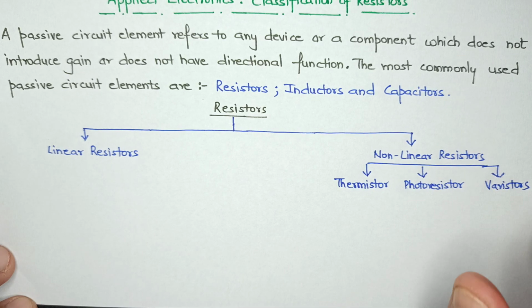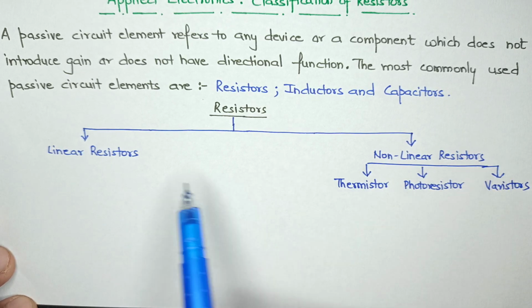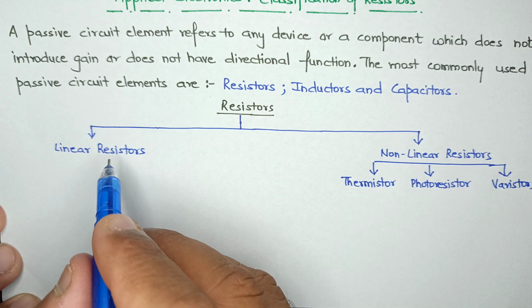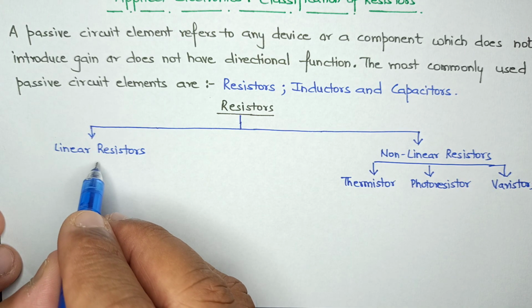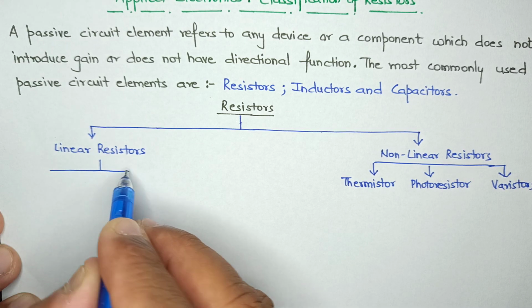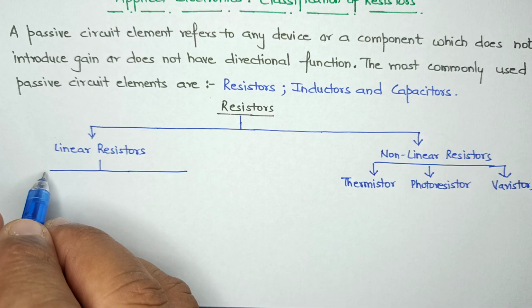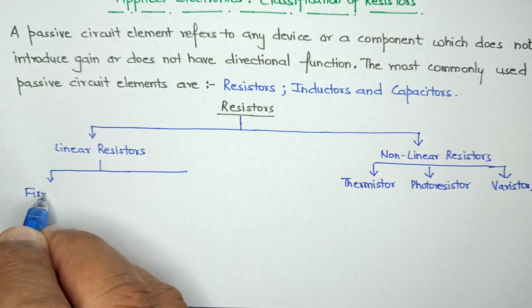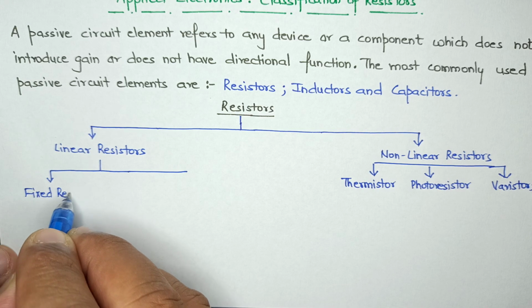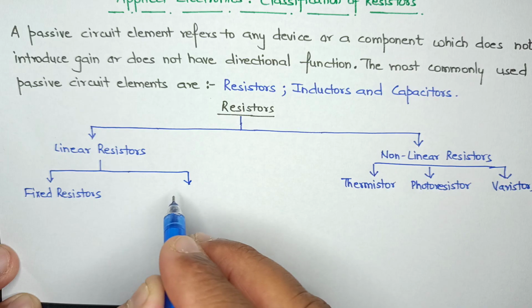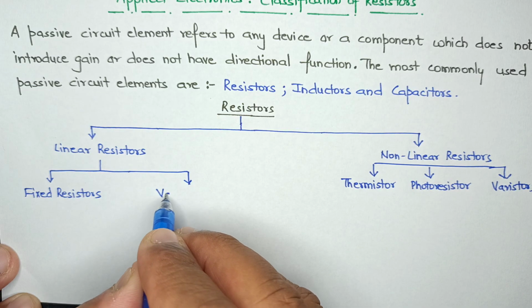So this is the classification between the linear and the non-linear. As far as the linear resistors are concerned, these are again bifurcated into two parts. The first part are the fixed resistors, and the second category is called a variable resistor.